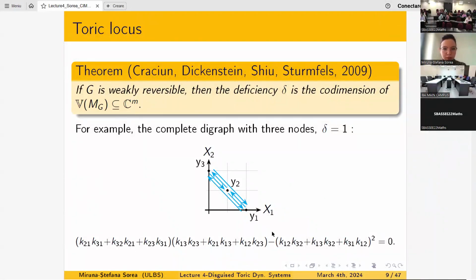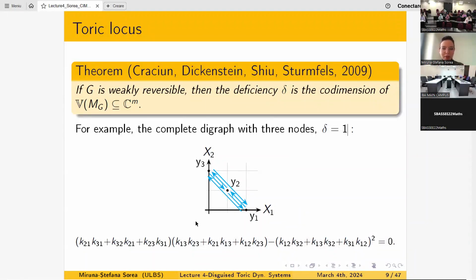As I said, this is making sense now because we had this hypersurface here for this network, and indeed we computed the deficiency is 1 in the last slide for this example.